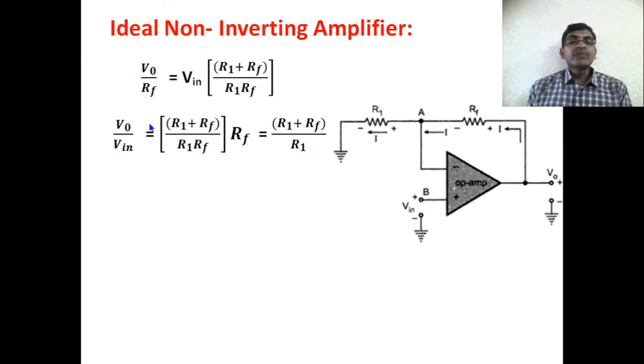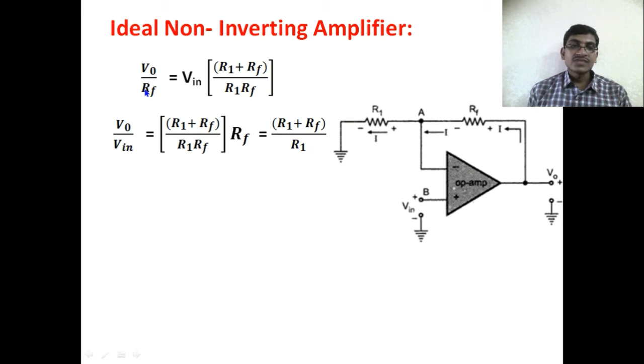Therefore, we want the closed loop gain of our non-inverting amplifier. So that's why we have to get the ratio between the output voltage and the input voltage. Output voltage is already there on the LHS. Therefore, we have to take the input voltage to the left hand side. So V naught by VIN is equal to R1 plus Rf divided by R1 into Rf.